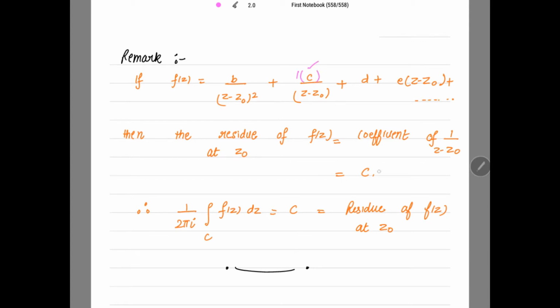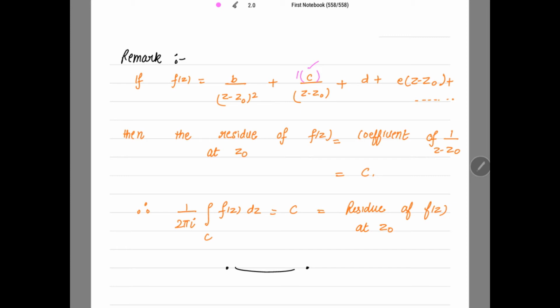So therefore 1 over 2 pi i integration over C of f(z) dz is equal to c, right? Which is equal to the residue of f(z) at z0. So this is another formula for the residue of f(z) at z0, just to check the coefficient of 1 over z minus z0 in your f(z), right?